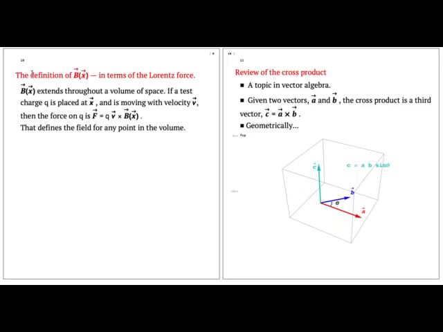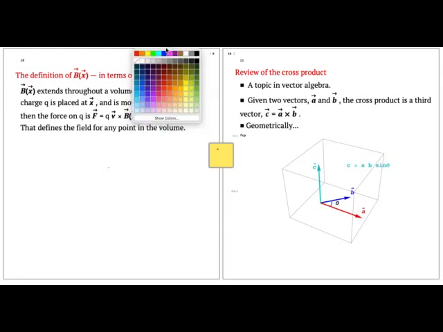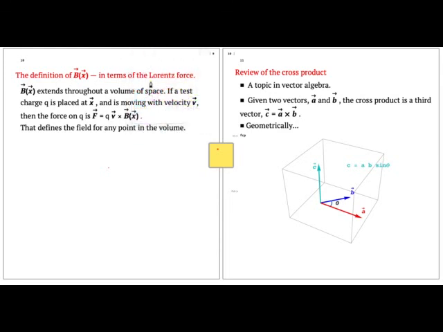All right, so we've been talking about the magnetic field. We've been saying it's a force field. We can define it in terms of the Lorentz force. The field extends throughout a volume of space, just like an electric field.